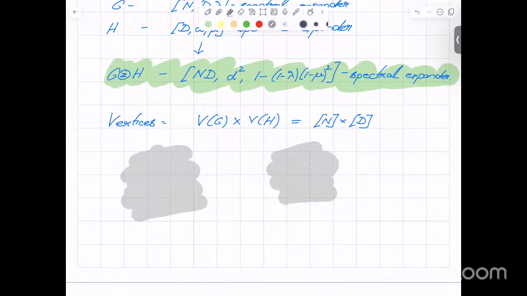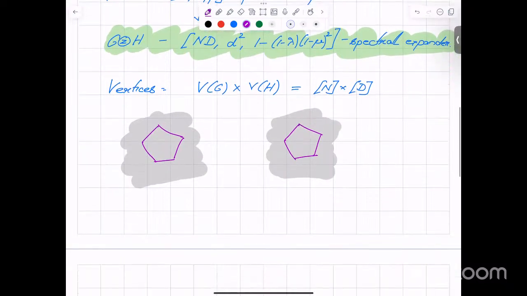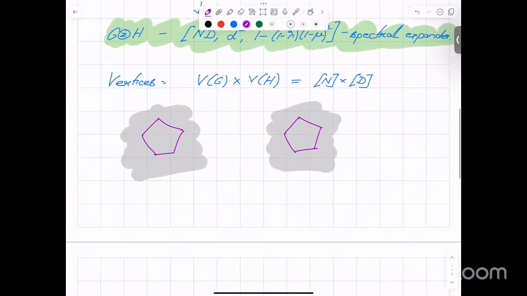So think of two clouds sitting there, and there's a full copy of H sitting here. A typical vertex here has the label (u, a), let's say the name of the vertex is u, so u belongs to capital N, a belongs to capital D.